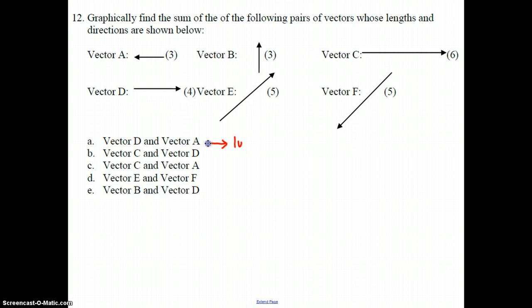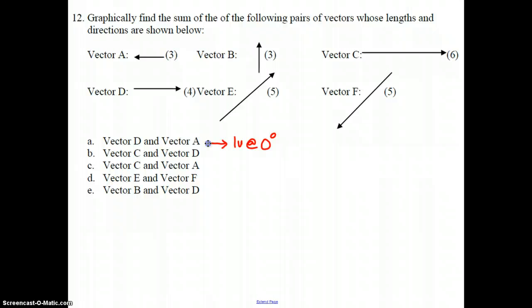And because the 4-unit vector D is greater than the 3-unit vector A, the direction ends up being the original direction of vector D, which is at 0 degrees. So 1 unit at 0 degrees.